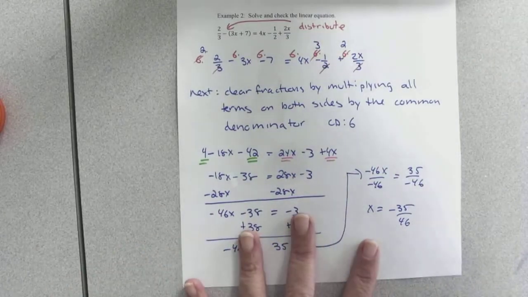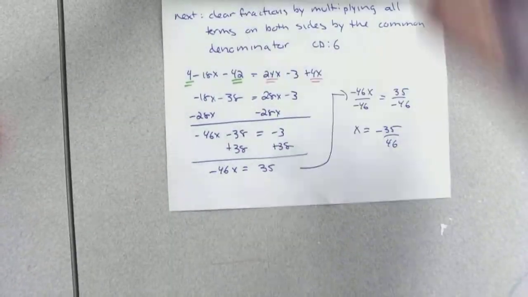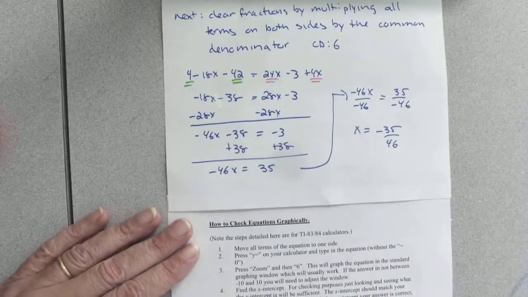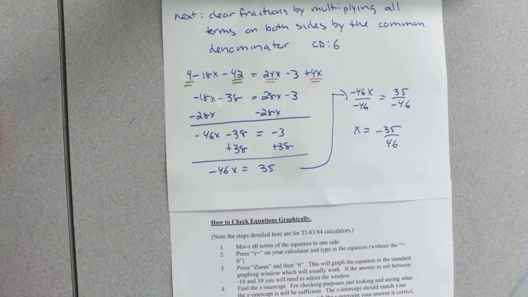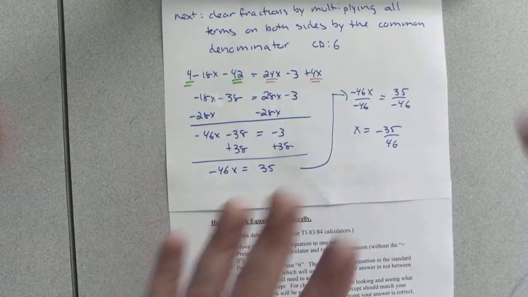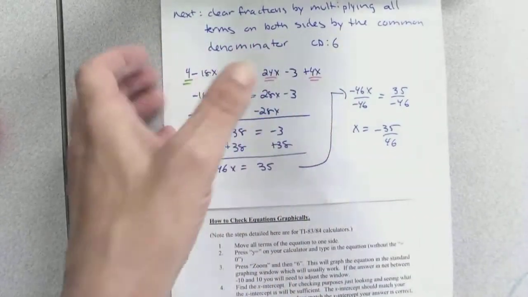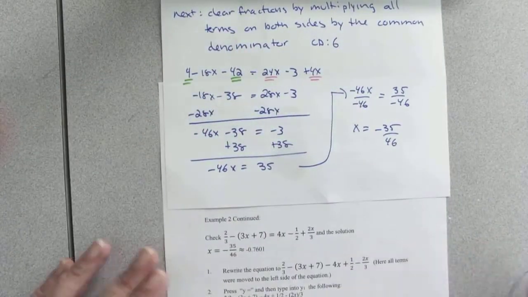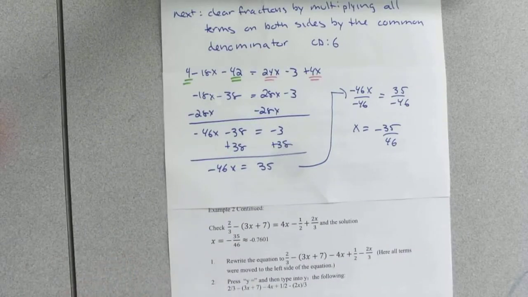Okay, checking. Now we're going to check it the same way you did before, but on the next page, I actually have all those steps written out. We're going to move all the terms to one side like we did before, press the y equals, type it in there, and this x-intercept should match. And so I did that, it's all typed out here.